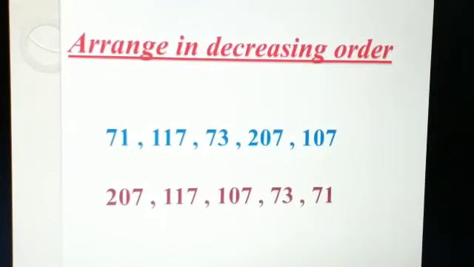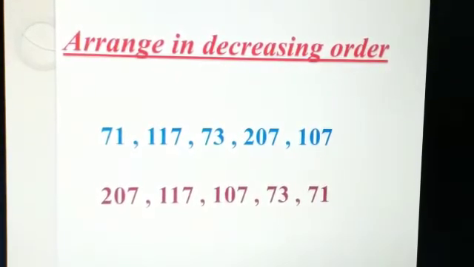That means again some numbers have 2 digits and some numbers have 3 digits. And we know that the numbers having more digits are the greater numbers, and the numbers having fewer digits are smaller numbers. To arrange the numbers in decreasing order, we have to write the greatest number first.